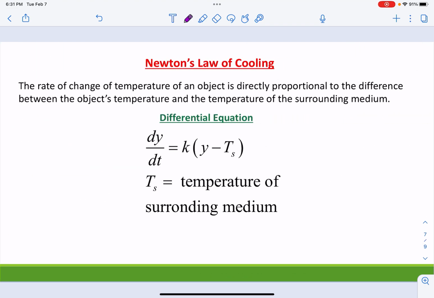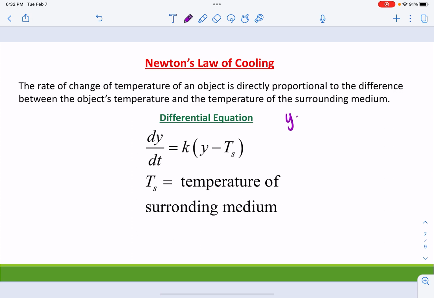Another really good application of differential equations is Newton's law of cooling. And I kind of adjusted this a little bit to what I had previous to this. Okay, so the rate of change of temperature of an object is directly proportional to the difference between the object's temperature and the temperature of the surrounding medium.